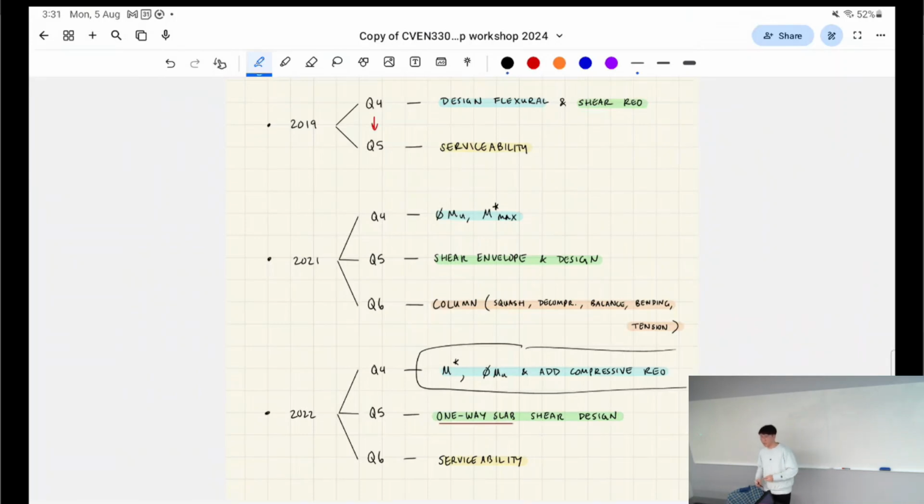All right. So we're gonna do the next vote for the questions. We've done flexure. Put your hand up if you want to do shear. Okay, hand down. Put your hand up if you want to do serviceability. Hands down. Put your hand up if you want to do columns. What if I told you we can do a column?